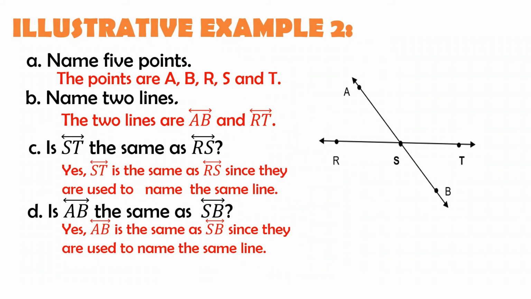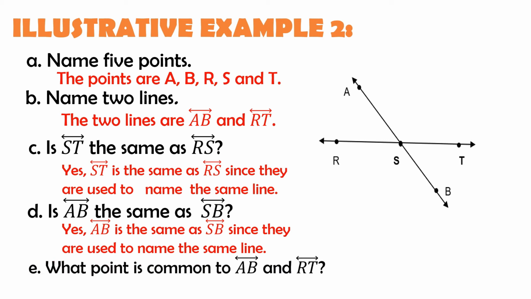Yes, line AB is the same as line SB since they are used to name the same line. Letter E, what point is common to line AB and line RT? Correct. The common point between line AB and line RT is point S.